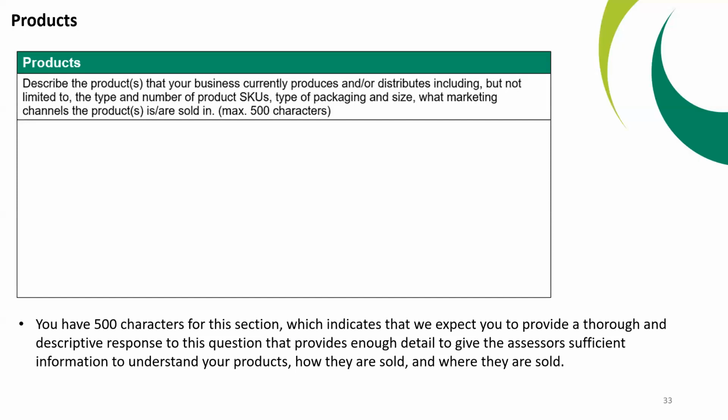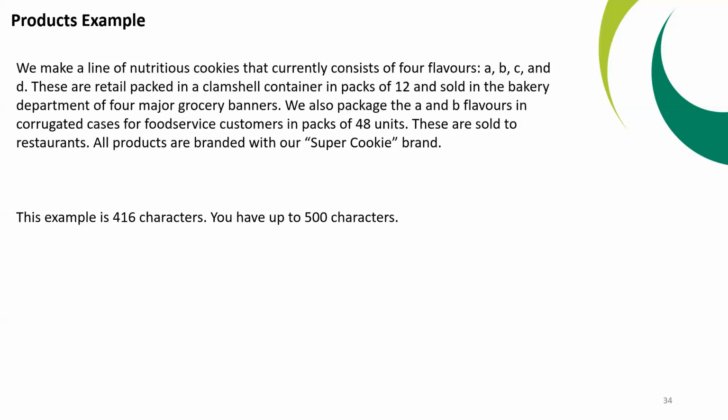There should be enough room here to give us a good visual. Help us create a visual in our minds as to what your line of products looks like, how extensive it is, so that we can better understand your company.